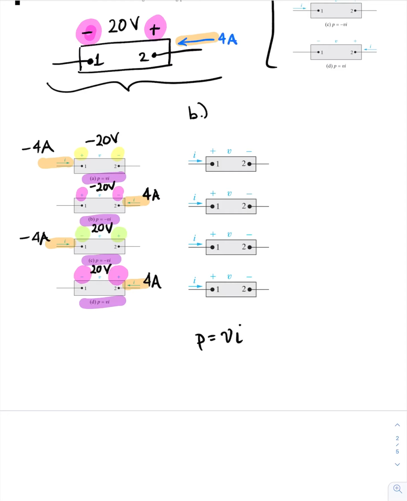And I'm going to do that because it's just another exercise in understanding polarity of voltage and direction of current.